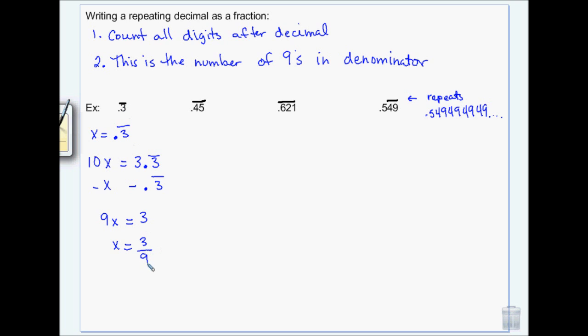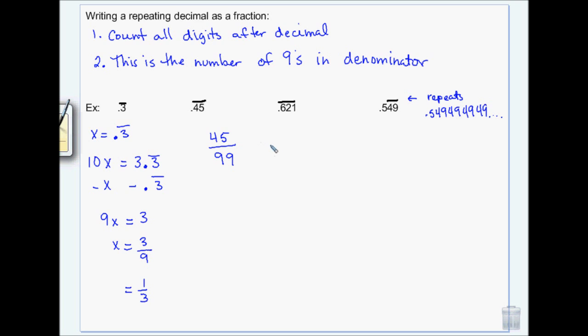One decimal place, one 9. And then I reduce. Or I can skip all this middle bit, and I can just say 2 decimal places, 2 nines. Easier. This is why, or like I said, you can accept it on faith and just count the decimal places, and that's how many nines you use.